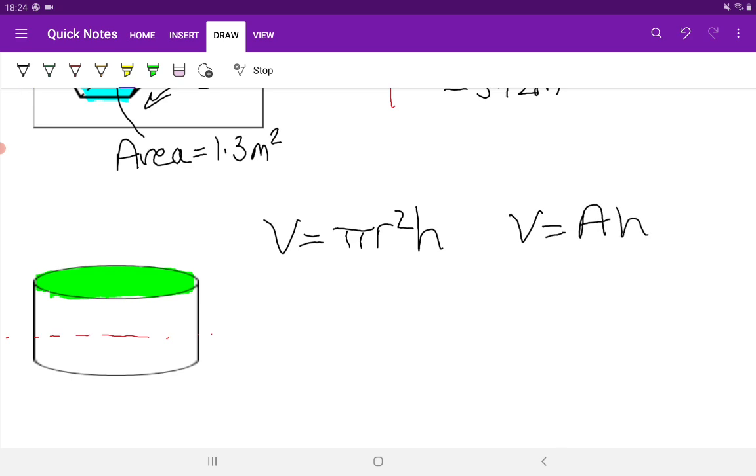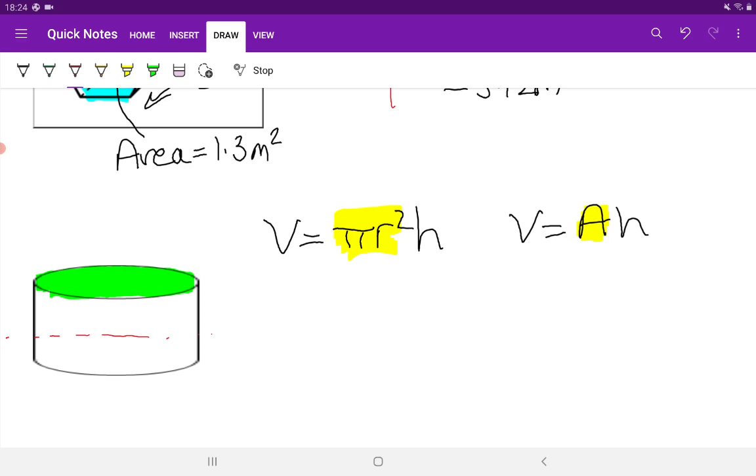But I hope you can see the link, because the area is the area of that green circle. And look, that formula that we learnt last week has the area of the circle in place of A. So all we've got, guys, is the cylinder formula is a special one just to help remind you what the area of a circle is, so you don't need to worry about remembering that.